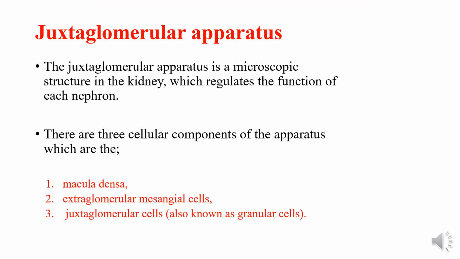Next is the juxtaglomerular apparatus. The juxtaglomerular apparatus is the microscopic structure in the kidney which regulates the function of the nephron. There are three cellular components in the juxtaglomerular apparatus, which include the macula densa, the extraglomerular mesangial cells, and juxtaglomerular cells, also known as the granular cells.